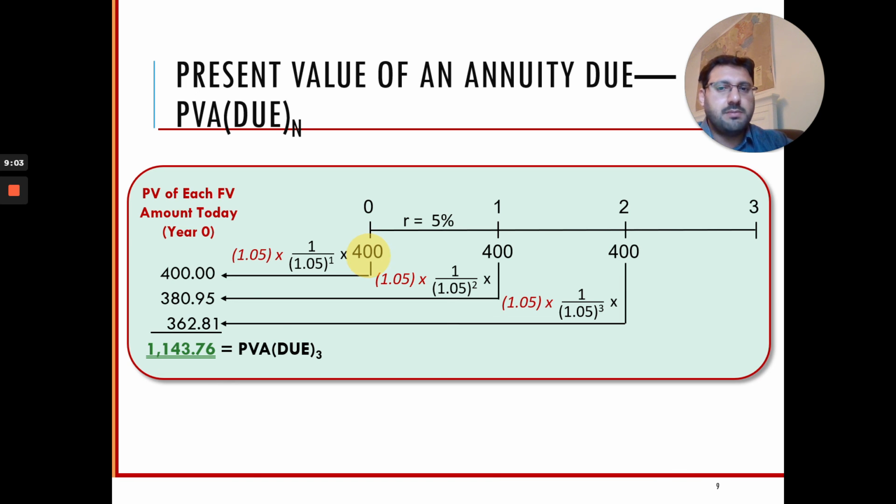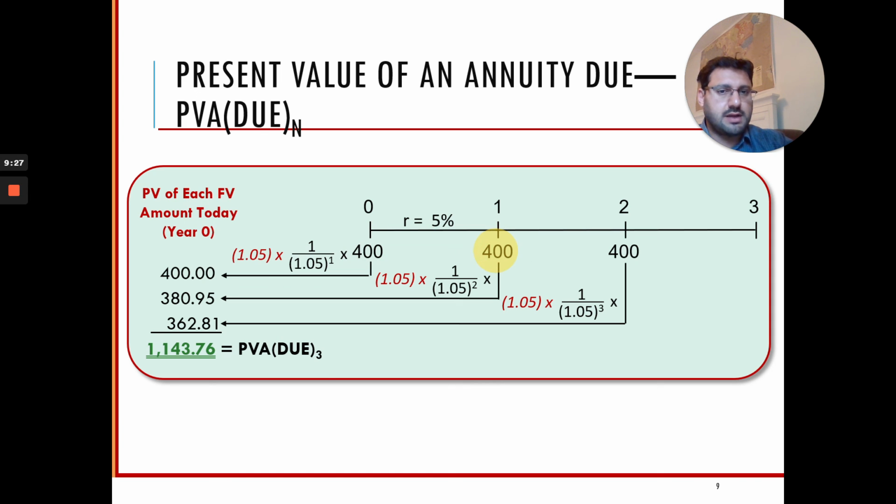So 400 you will receive today, 400 at the beginning of year 0, which means right now, 400 at the beginning of year 1, 400 at the beginning of year 2, and 400 at the beginning of year 3, actually, not 2. So this first 400 is at the beginning of year 1.